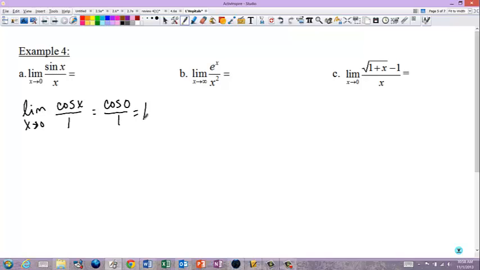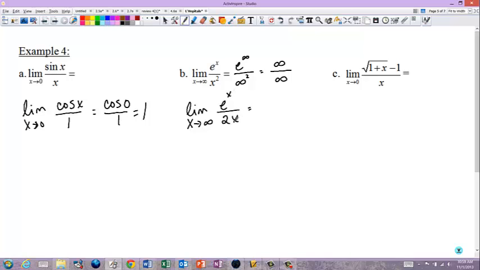This one is the limit as x approaches infinity. Well, if I fill in infinity, I get e to the infinity over infinity squared, which is infinity over infinity, which is another case of L'Hopital's Rule. It's called an indeterminate form. So I can do L'Hopital's. The limit as x approaches infinity, the derivative of e to the x is e to the x over 2x.